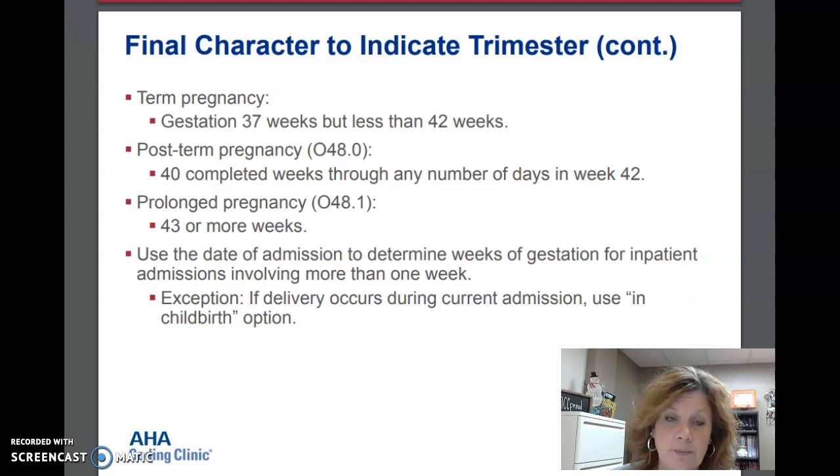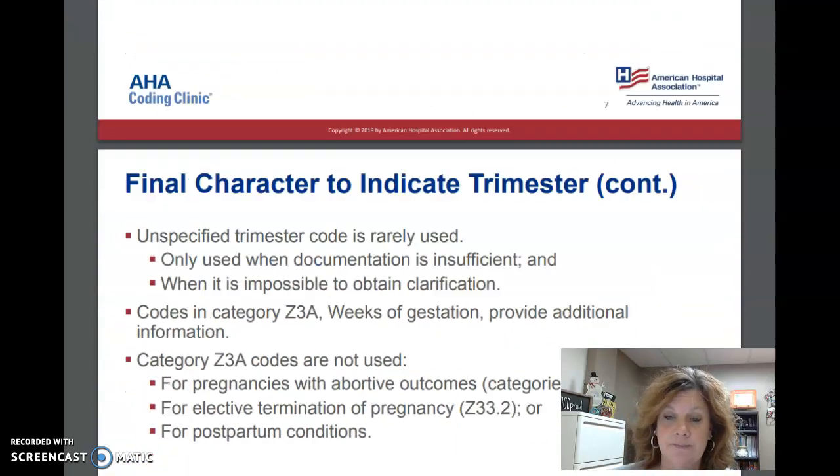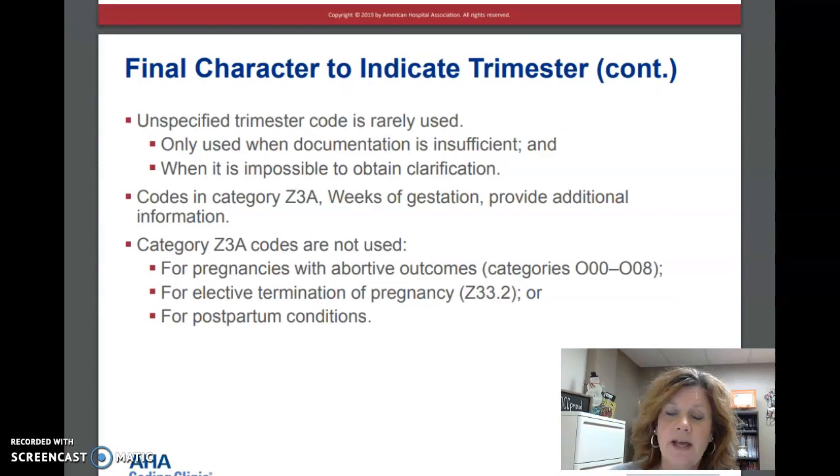Prolonged pregnancy, let's hope nobody has that anymore, is 43 weeks or more. We use the date of admission to determine the weeks of gestation for inpatient admissions involving more than 1 week. Unspecified trimester we try not to use, especially if you have the medical record in front of you. This should never happen.